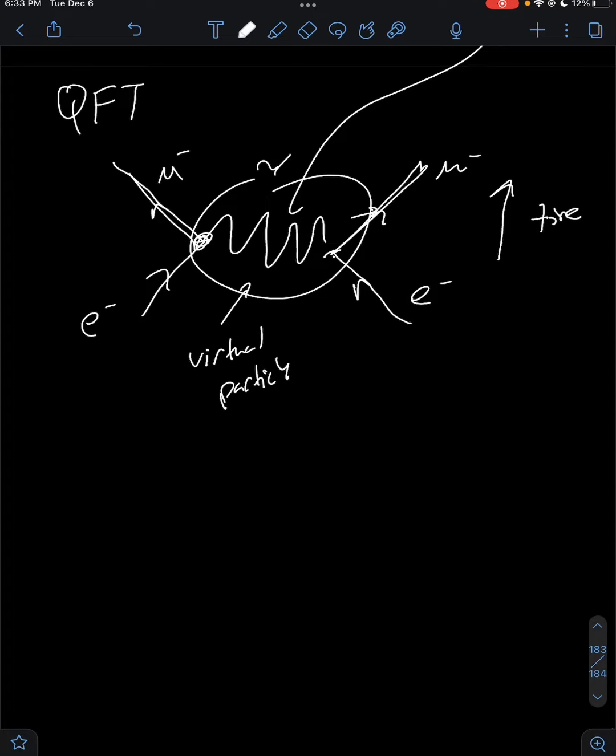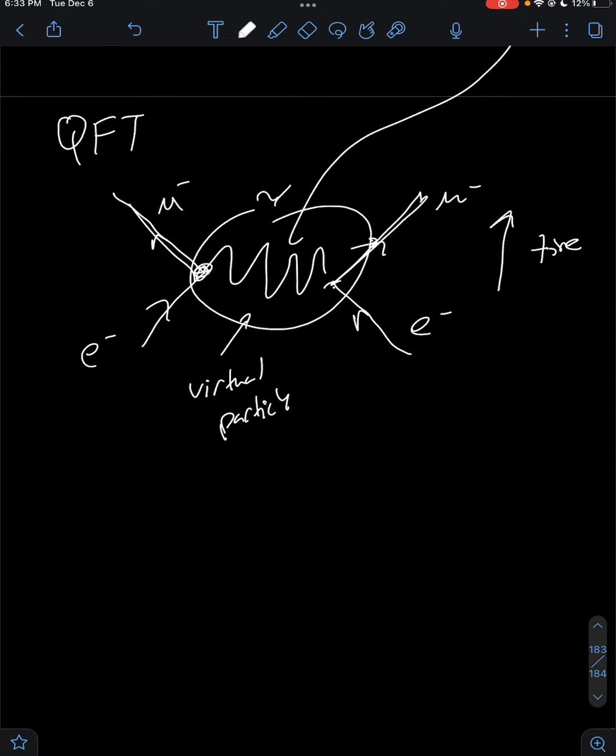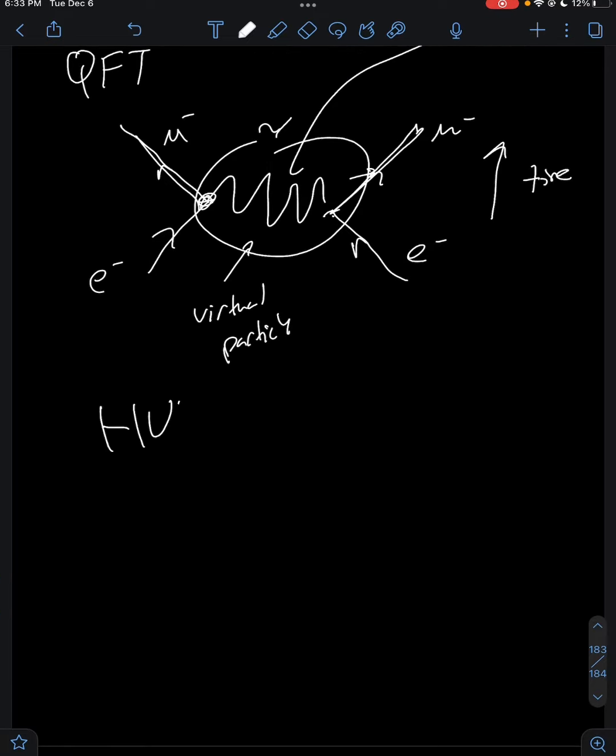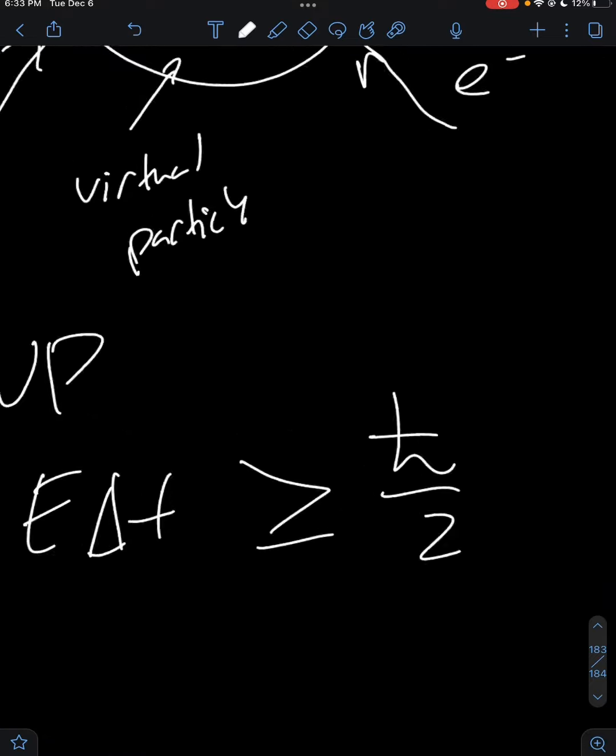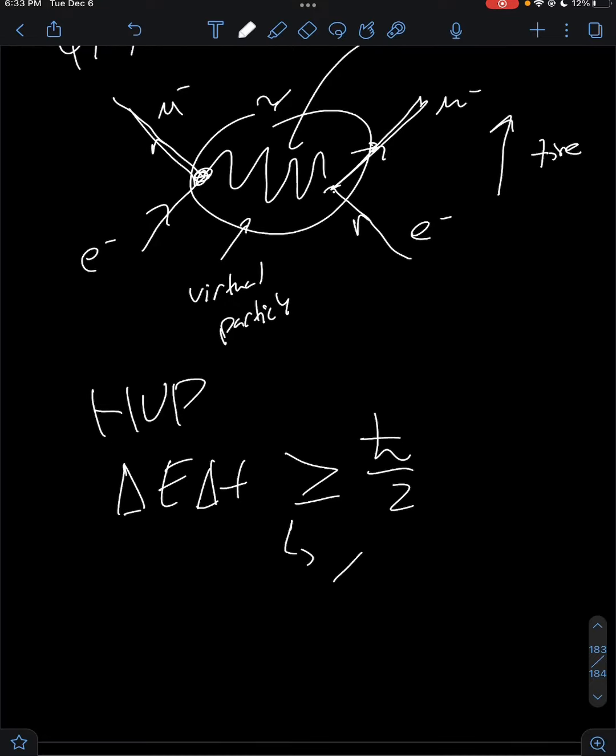So what about the Heisenberg uncertainty principle? You'll hear people say that because of this equation over here, we can steal energy as long as we get it back, and this implies virtual particles.